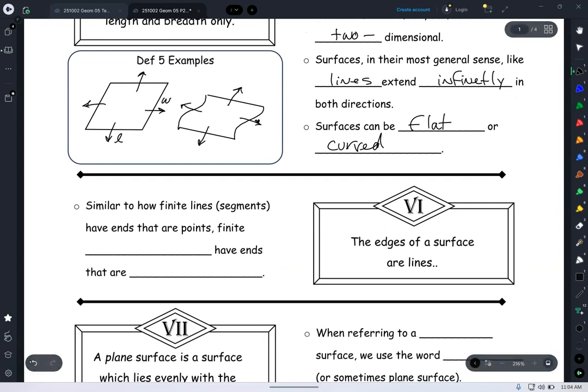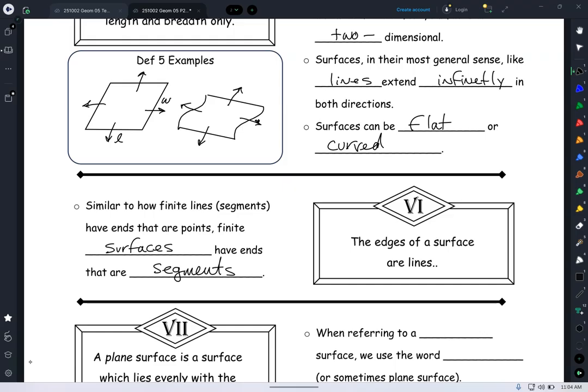Now, the edges of a surface are lines, Euclid states in his sixth definition. All right, he says the edges of a surface are lines. So similar to how finite lines, which we call segments, have endpoints, finite surfaces have ends that are segments.